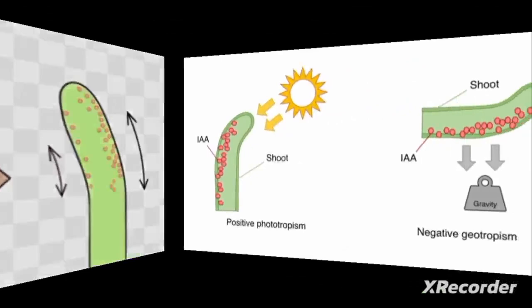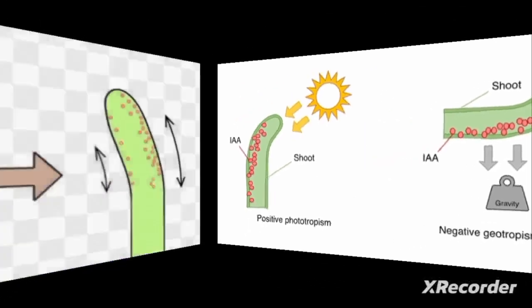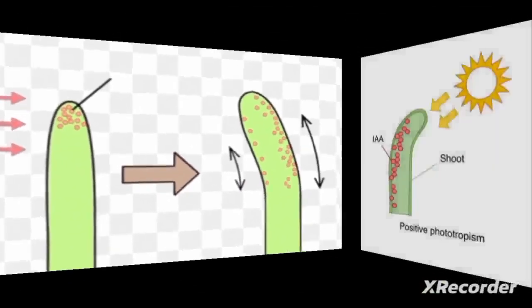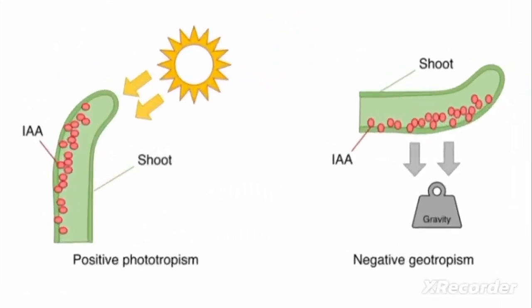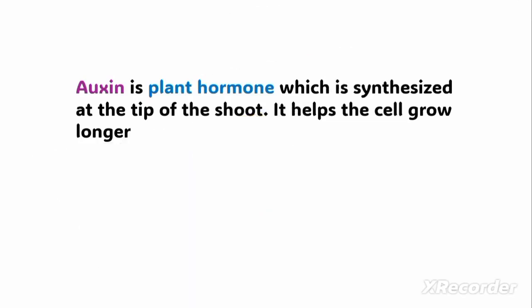For this reason, the shoot will bend towards light. Auxin is a plant hormone which is synthesized at the tip of the shoot. It helps the cells grow longer.